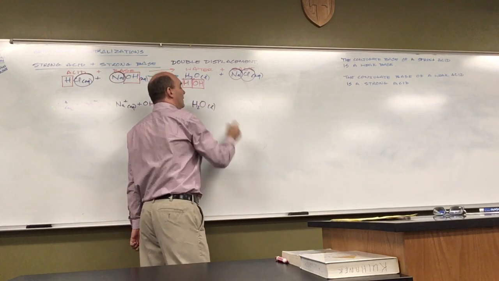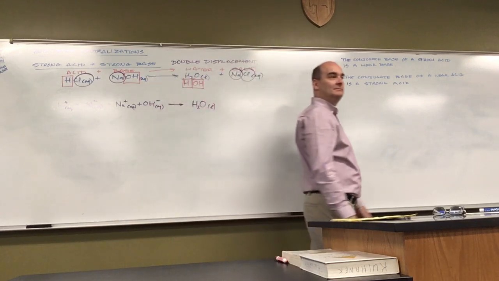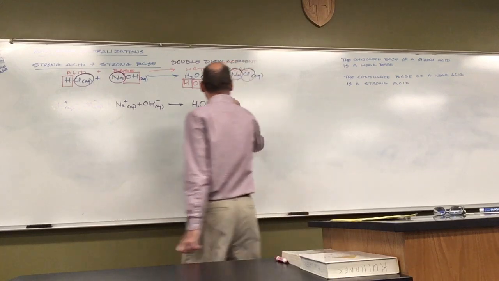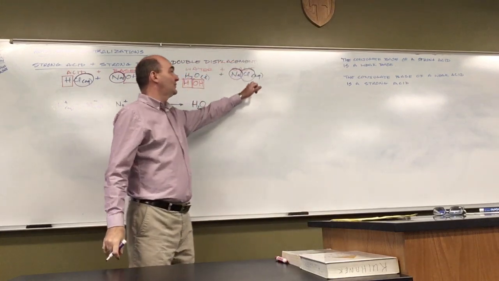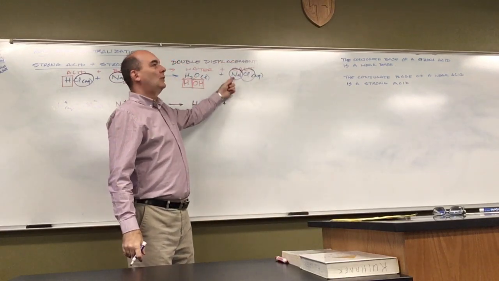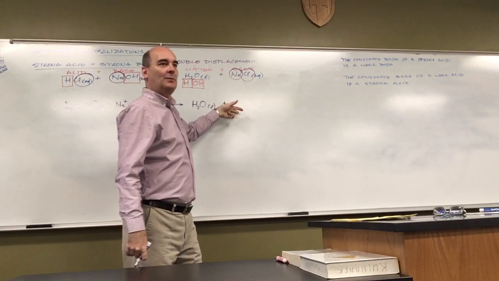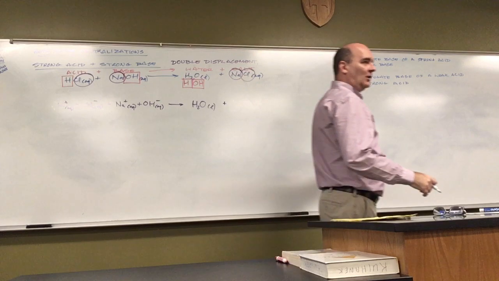H2O is a covalent molecule. It's a liquid. That's just water. But salt dissolved in water, all sodium salts are soluble. All potassium salts are soluble. All nitrates are soluble.